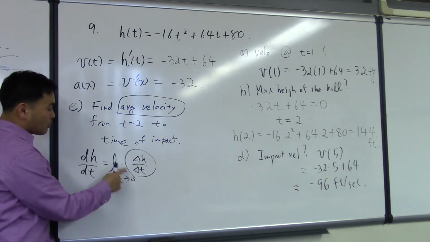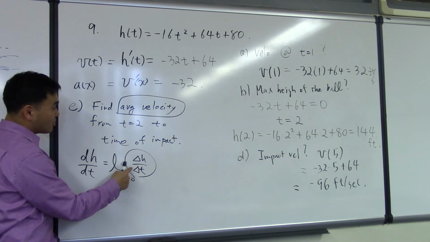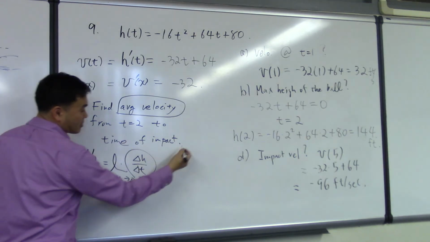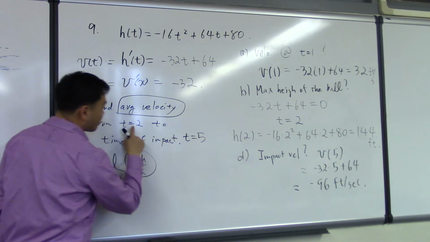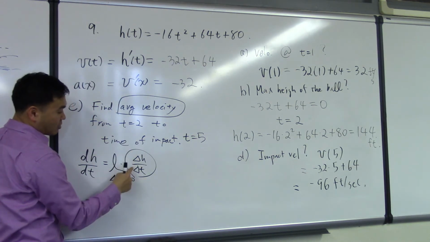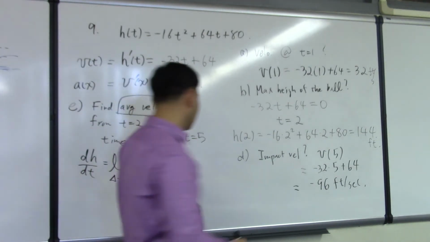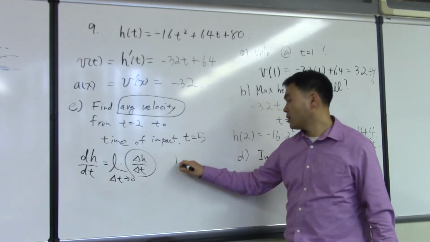Okay? So we have to compute this from t equals 2, and the time of impact is t equals 5. So we have to figure out delta h and delta t from t equals 2 to t equals 5. That's what we need to do. So let's do that.